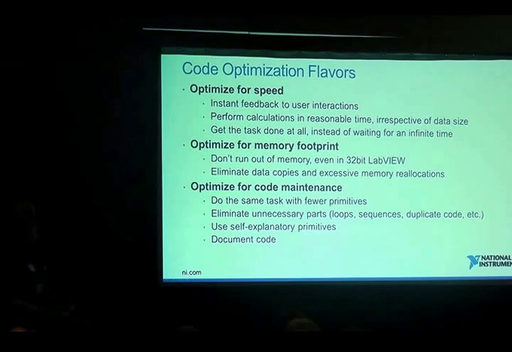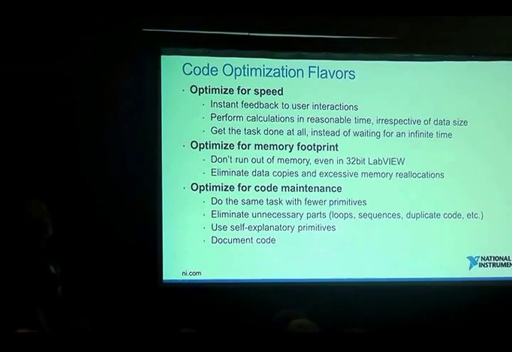Then for other problems, you want to perform a calculation in a reasonable time, even if it's a very hard calculation. If you want to calculate the forecast for tomorrow and it takes 48 hours to calculate that, then it's not good, right? You want to have it faster. And sometimes you just want it done instead of waiting for infinite time.